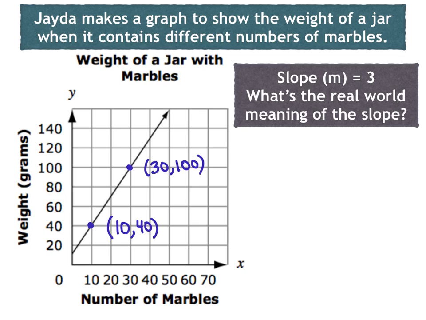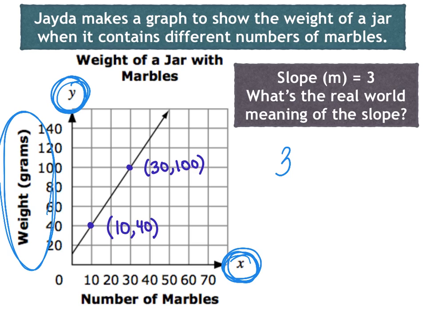Let's review what the meaning of the slope is in the context of this problem. So the slope, 3, that's really telling us how much the y variable changes every time the x variable increases by 1. So in this context, this 3 is telling us how much the weight in grams increases when the number of marbles goes up by 1.